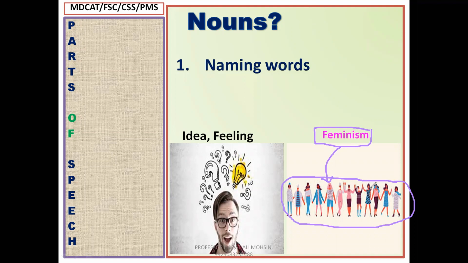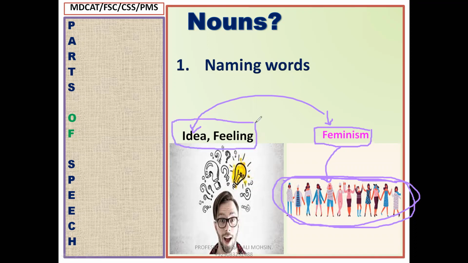Physically it is expressed, but the idea lying behind it is feminism. This whole action represents one unified concept, that is called feminism. It is totally abstract, a mental construct which indicates some sort of feeling, some sort of idea.